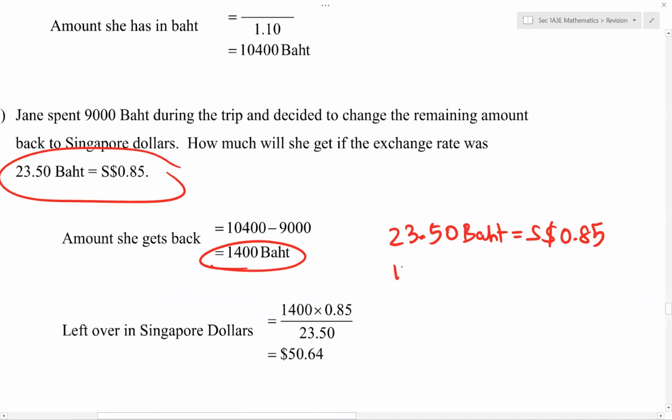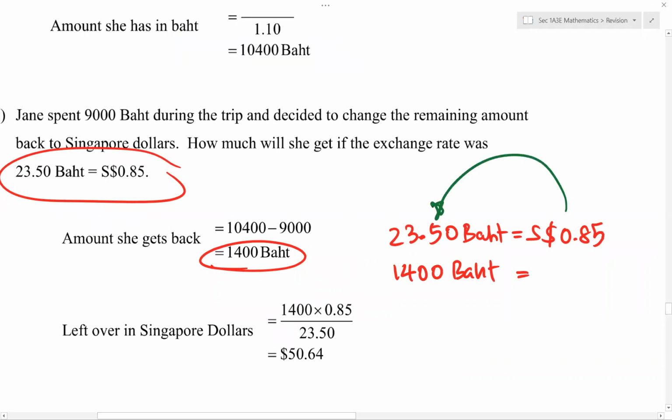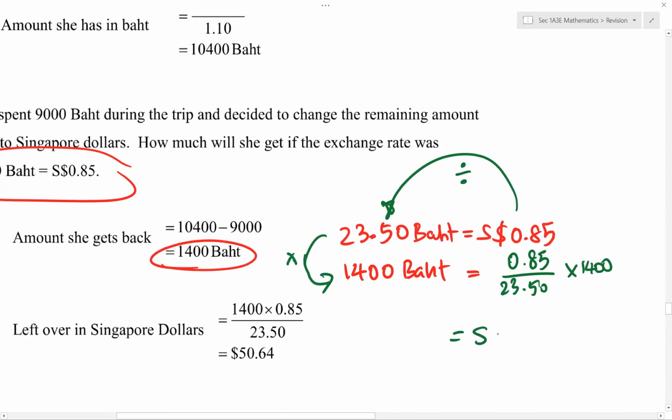In Sing dollar, 1,400 baht must be, draw the arrow. If you are still not convinced about the usefulness of this arrow, then there really isn't anything much we can do to help you already. We use it all the time. 0.85 divided by 23.5 times 1400, which will get you 50.64.